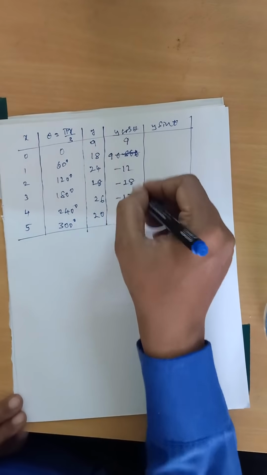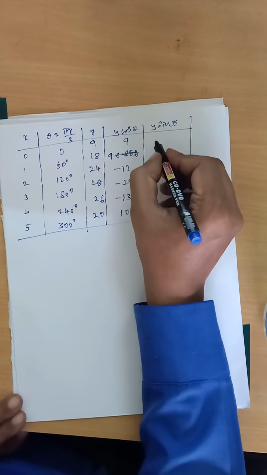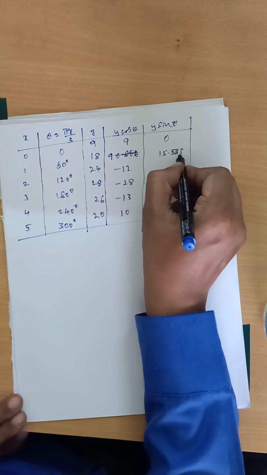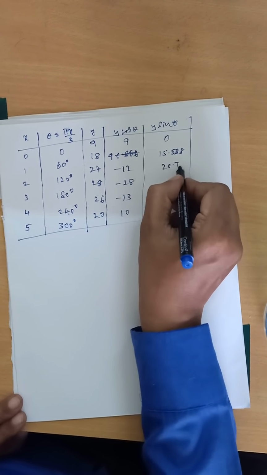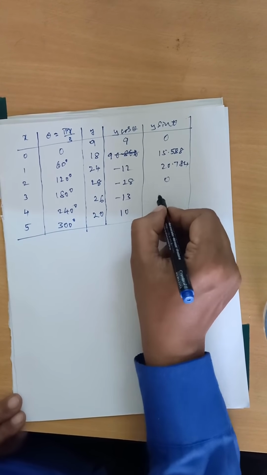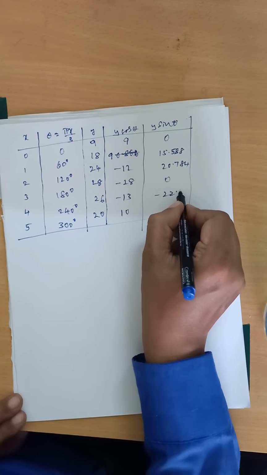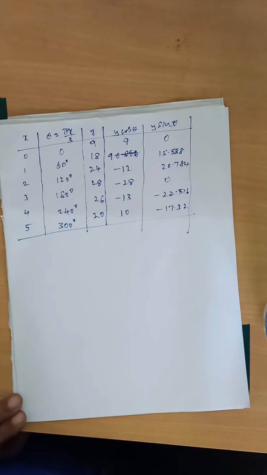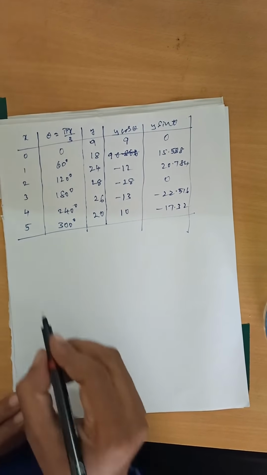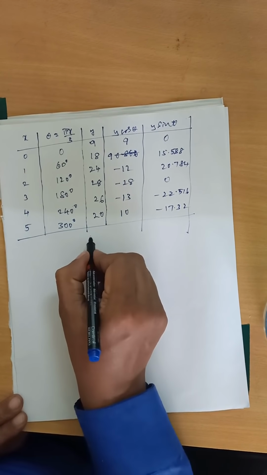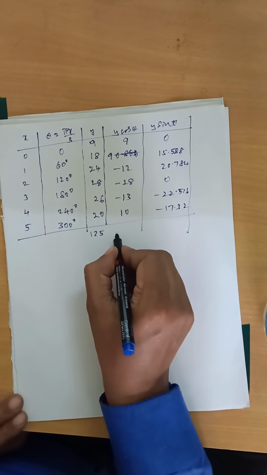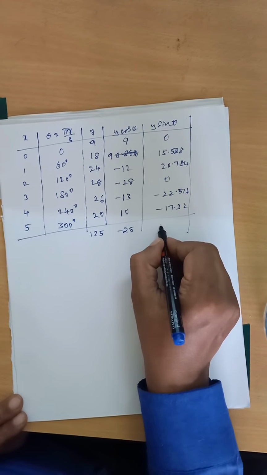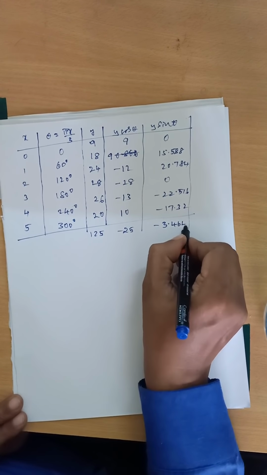From your calculator, you calculate y cos theta. Next, y sin theta is 0, 15.588, 20.784, 0, minus 22.516, minus 17.32. Confirm these table values. We want summation y is 125, y cos theta is minus 25, y sin theta is minus 3.464.